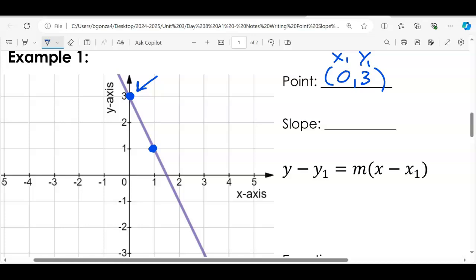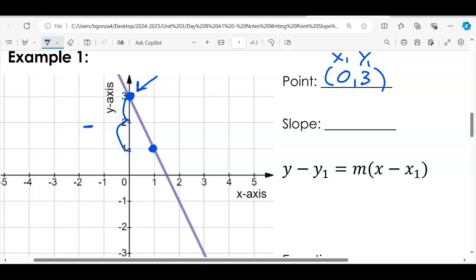Please remember, slope is rise over run. And do I start on the left or the right? Left. So this point right here is my left point. Does it rise up or down to get to the other point? So if you're starting right here, it goes down 2, right? Because rise is up and down. So it goes down 2.